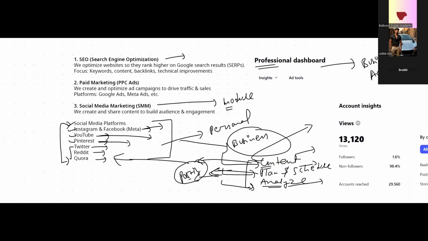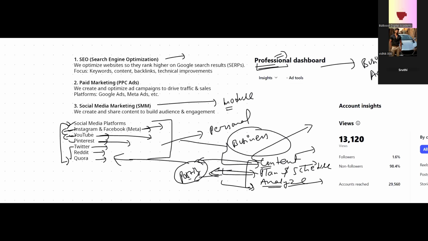You can find it for Meta, you can find it for YouTube. You will find a professional dashboard where there will be metrics where you can post your content and everything. This professional dashboard is not present in your personal accounts. If you explore your personal accounts, you won't find this professional dashboard. This professional dashboard is present in the business accounts only.